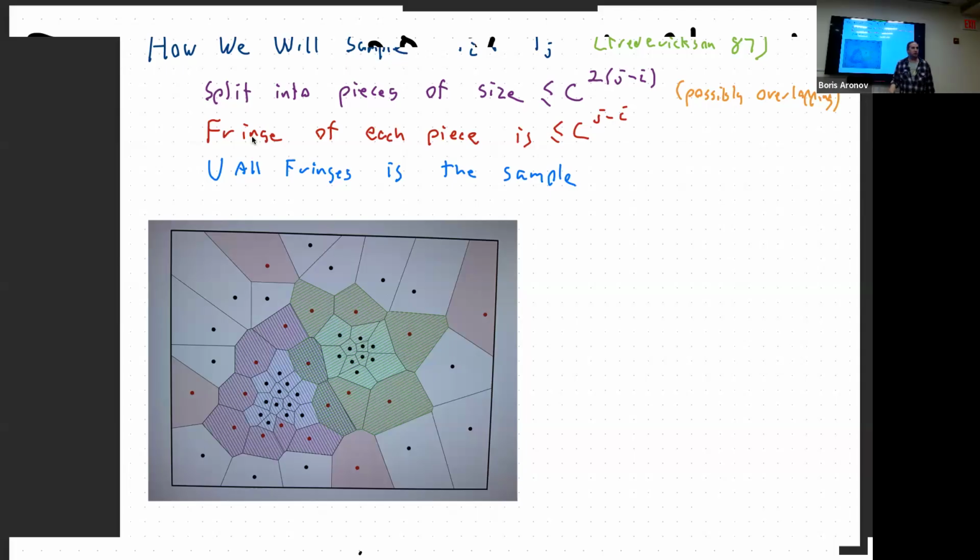For the things on the fringe, I know nothing about their complexity, because a Voronoi cell could be arbitrarily complex. Together, I know the total number of edges, but that could be big.